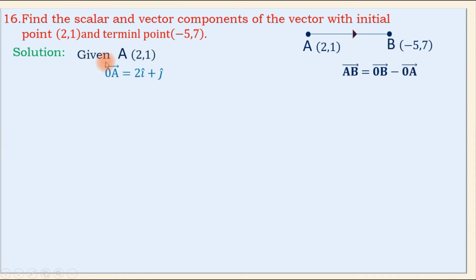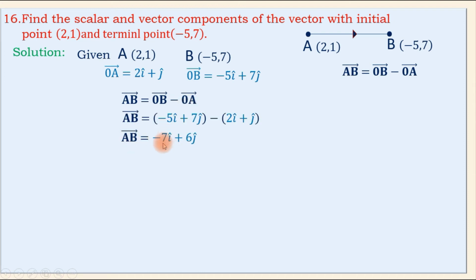That is, the point A is given 2, 1, its position vector is OA vector, that is 2i cap plus j cap, and the point B is minus 5, 7, its position vector is OB vector equals minus 5i cap plus 7j cap. Now take AB vector, that is position vector of terminal point B minus position vector of initial point A. So AB vector equals minus 7i cap plus 6j cap.